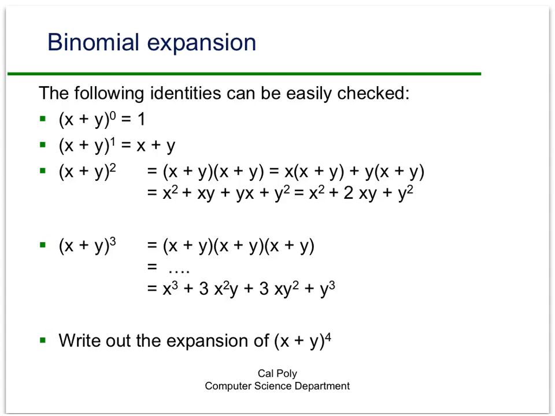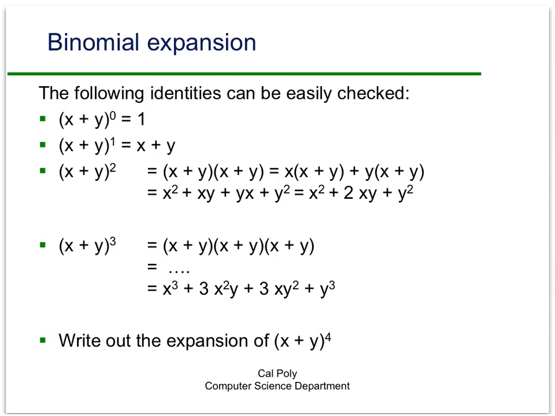Or we could get the y from the middle term and the two x's from the outside terms. Well, it turns out there are three different ways to choose two of these terms. So what we get is 3 times x squared times y.